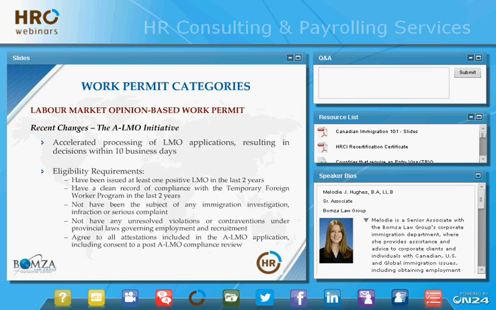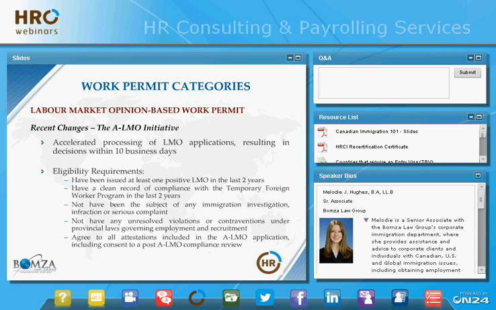There are, however, many requirements to be eligible for the ALMO initiative. One is companies must have been issued at least one positive LMO in the last 2 years. They must have a clean record of compliance. They cannot be subject to any immigration investigation or complaint, no unresolved violations, and they must agree to a series of attestations.